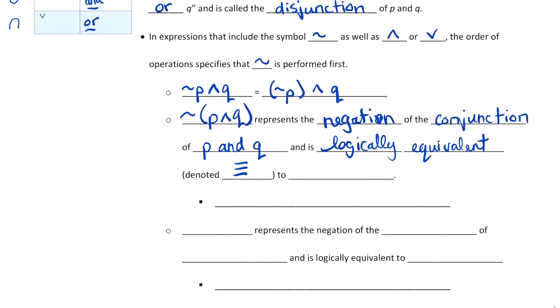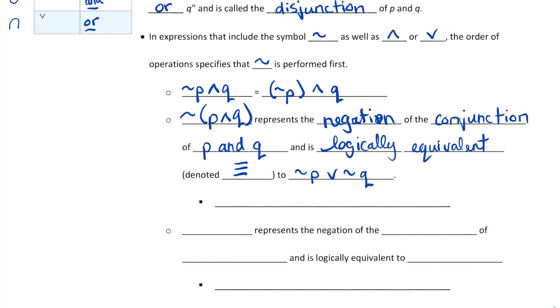Well, duh. If they're horizontal, they'd be parallel. So this is logically equivalent to not P or not Q. So think about it. If we think of an and statement, let's say that Shannon had eggs and bacon for breakfast, right?